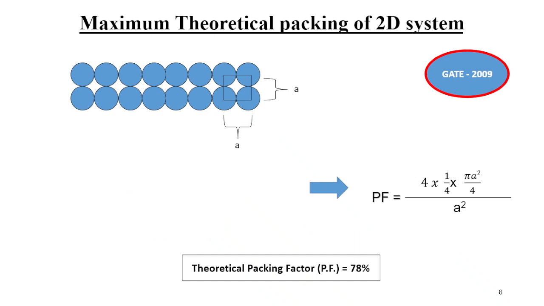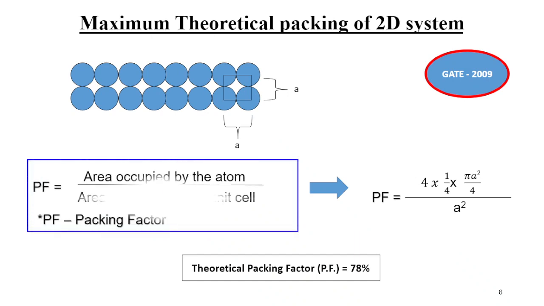So again, the maximum theoretical packing of 2D system we saw in the previous class. For those of you who didn't come, I'll just give a brief explanation. We know that the packing factor here is the area occupied by the atom to the area occupied by the whole unit cell. Our case, it's a 2D image.